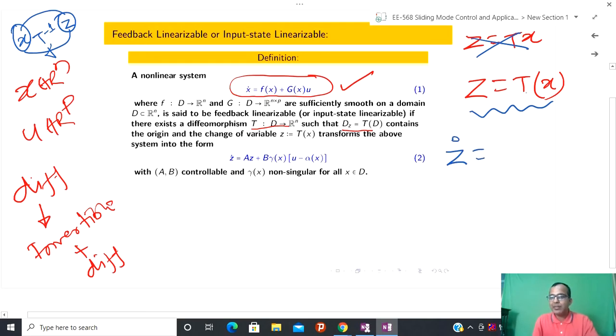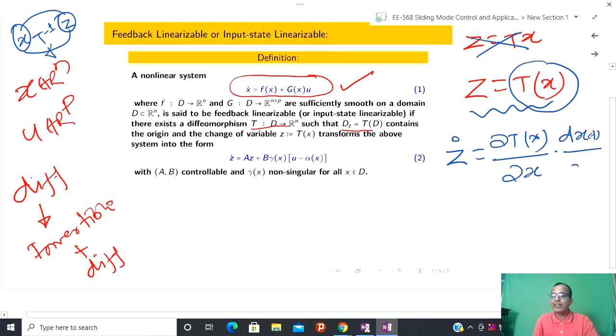So I now have to calculate the differential of this T(x) with respect to time. But T is a function of x. So first I have to calculate the partial derivative of this transformation T with respect to x, and after that x is just a function of time only, so I can talk about dx by dt, and I know what my dx by dt is.